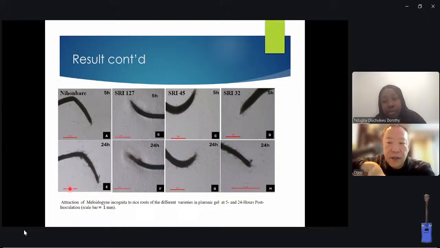And the SRIs, are they Japanese rice? There are rice varieties in Asia, Sri Lanka rice varieties, and the system of rice intensification. SRI means Sri Lanka? You can call it Sri Lanka rice variety, but you can still say system rice intensification. I know the rice varieties are majorly from Sri Lanka.